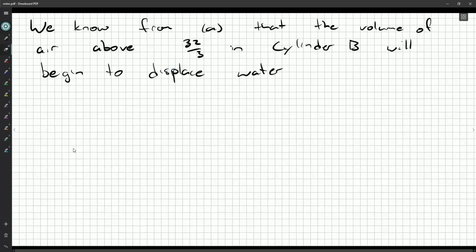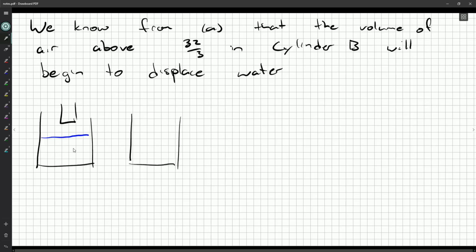So, what's going on here? Well, we've got our water, and it starts to be lowered in. It lowers, and then we sort of reach a point where it's all nice and equal. Push it in further, and water starts spilling out.